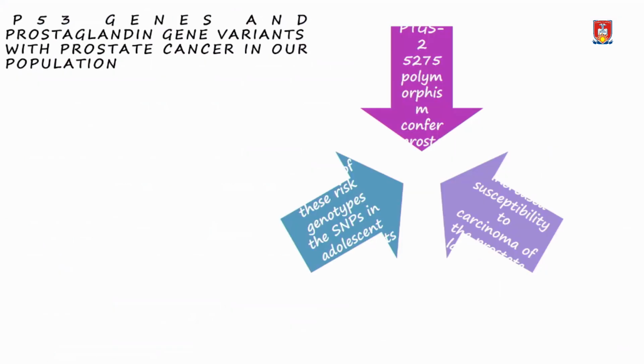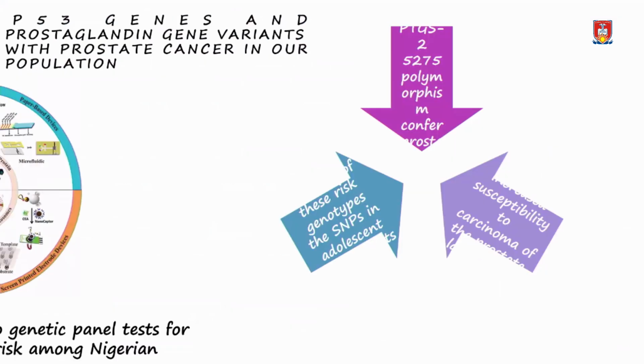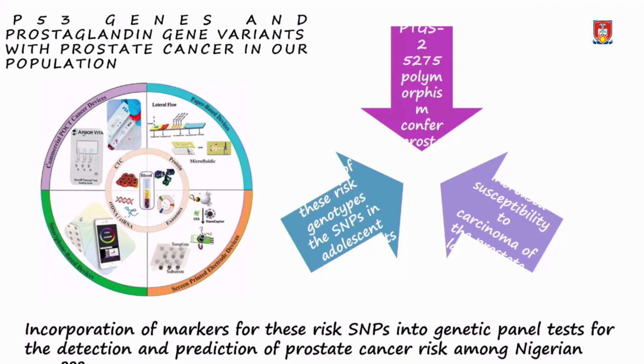In Nigeria here, when my student presented this as his MPhil, the internal examiner was so excited because they found out that the PSA levels that they are now using, they are not finding it very useful in diagnosing prostate cancer in Nigeria.